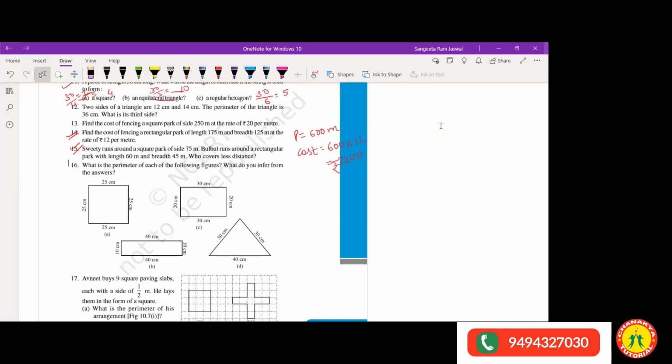Then compare which is lesser. Do it with statements. Ma'am, by subtracting, like how much less, or just simply? No, first find the perimeter. Then whichever perimeter is less, that means that person is covering less distance.